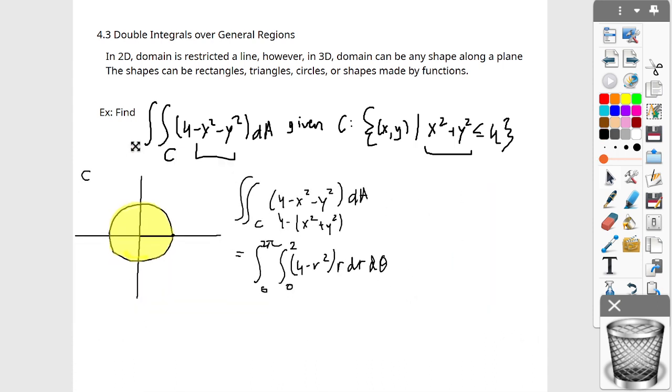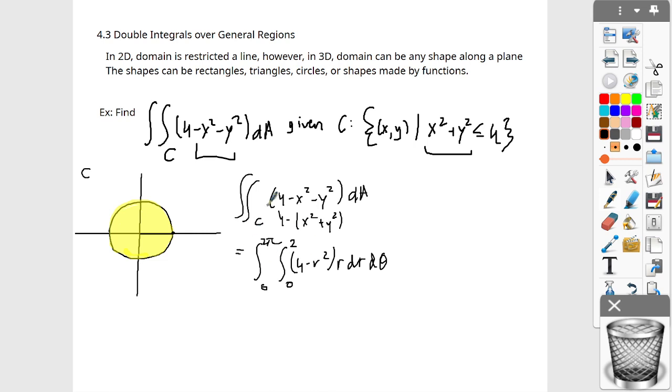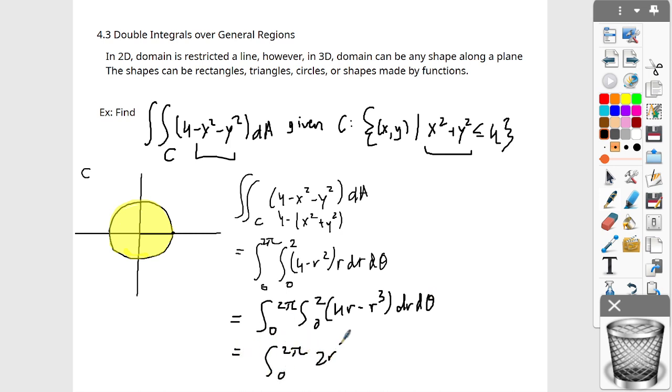Now we're going to calculate this. You should already know how to do it, but it should be 8 pi. So this is equal to the integral from 0 to 2 pi, the integral from 0 to 2 of 4r minus r cubed dr d theta, which is equal to the integral from 0 to 2 pi of 2r squared minus r to the 4th over 4, bounded from 0 to 2, d theta, which is equal to the integral from 0 to 2 pi of 4 d theta, which is 8 pi.